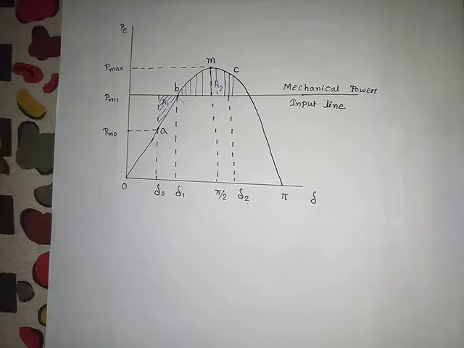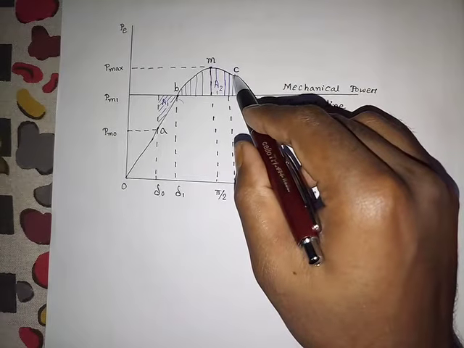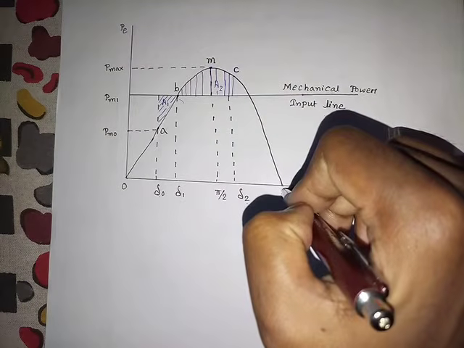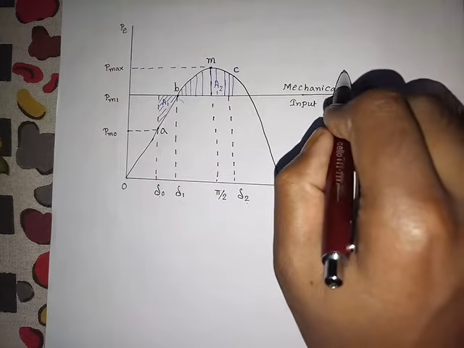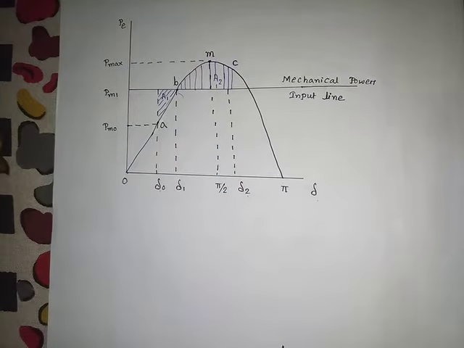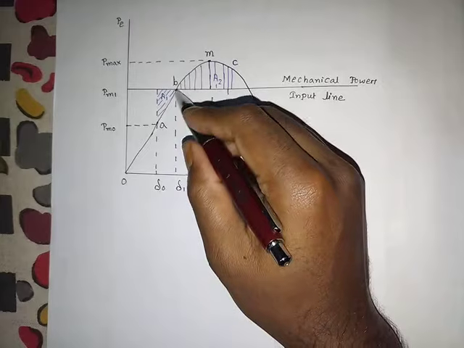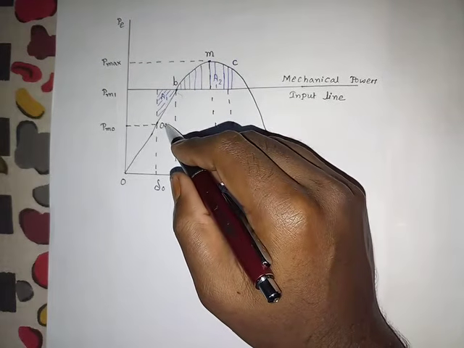Now due to the deceleration from point C, it will again touch the zero line, and this condition will repeat and repeat. In this A to B, our system will run slightly above synchronous speed.